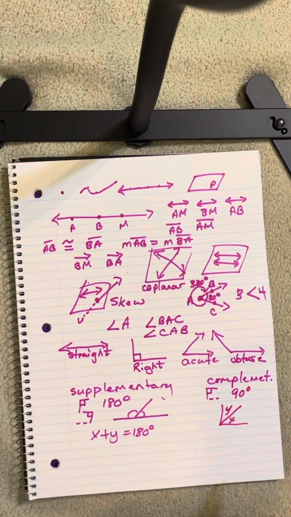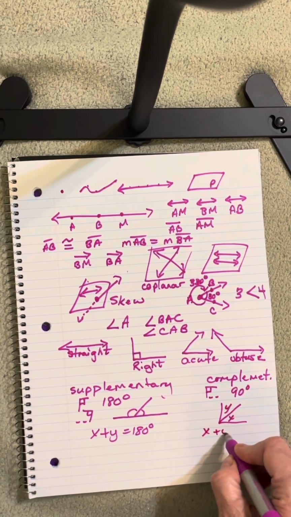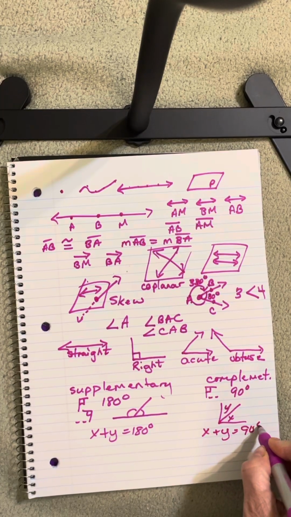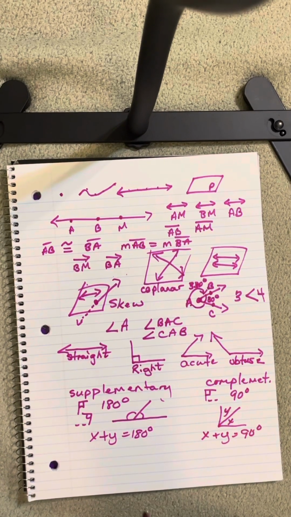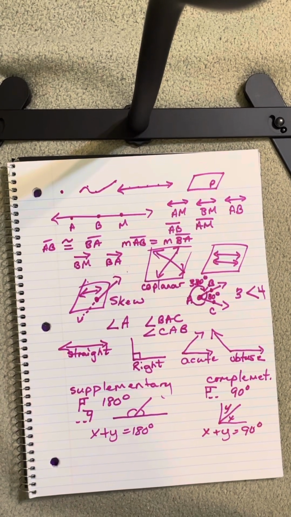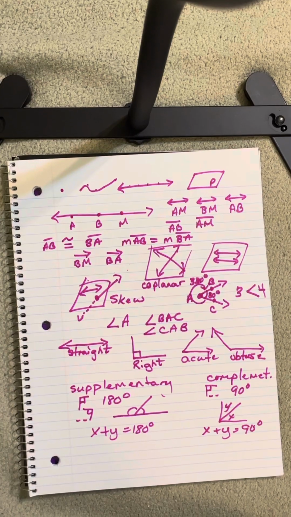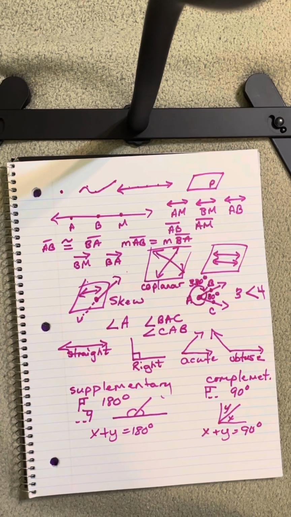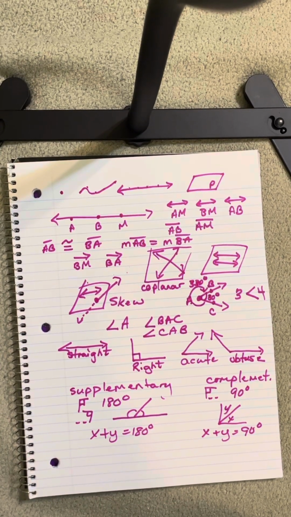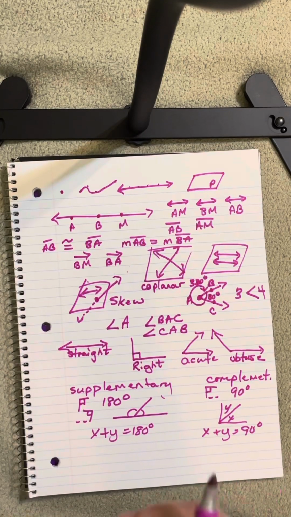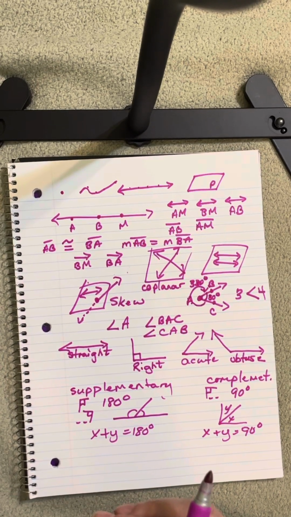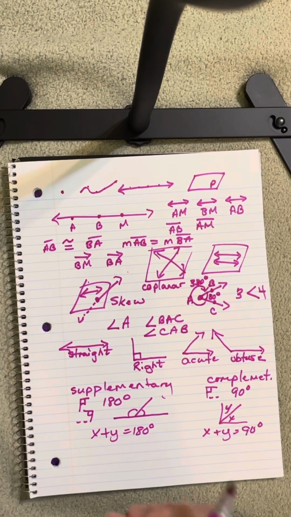So if this one's X and this one's Y, I will be saying X plus Y equals 90 degrees. And you see some more examples of those on page 5 where you get to play with the different equations that you're putting together in order to solve for some angles.